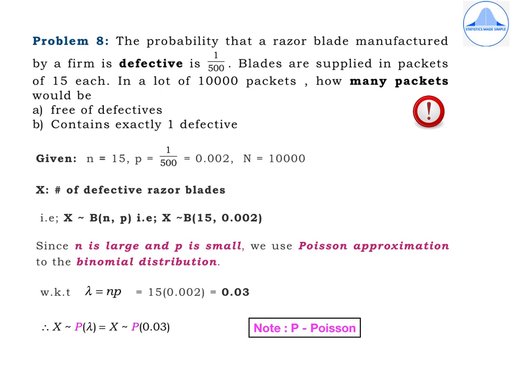And now we make use of the third condition, that is we need to find out the value of lambda using the expression lambda is equal to np, which simplifies to 0.03. In other words, now capital X will follow Poisson distribution with parameter lambda, that is X follows Poisson with parameter 0.03.